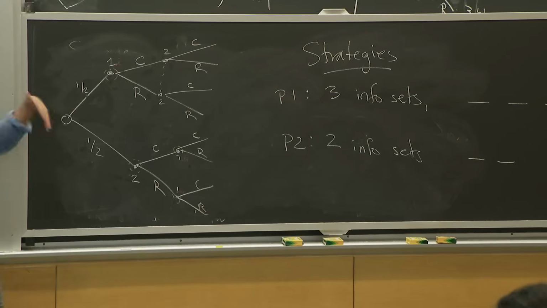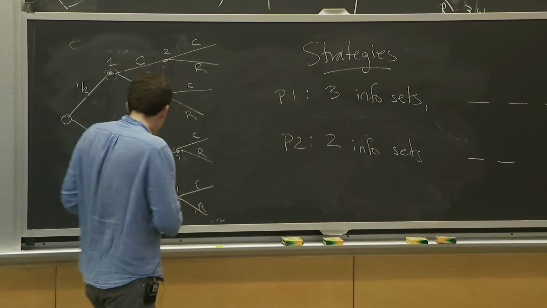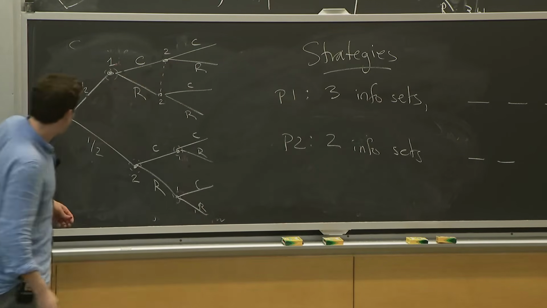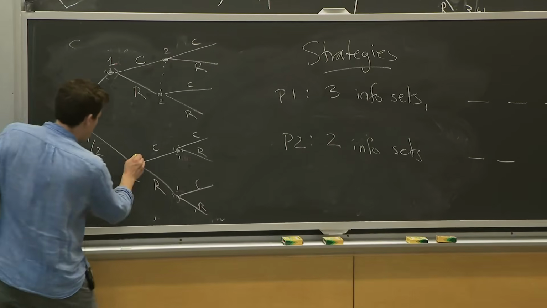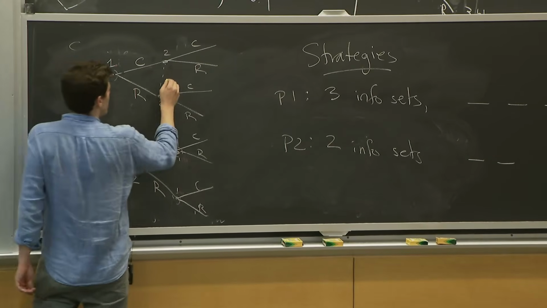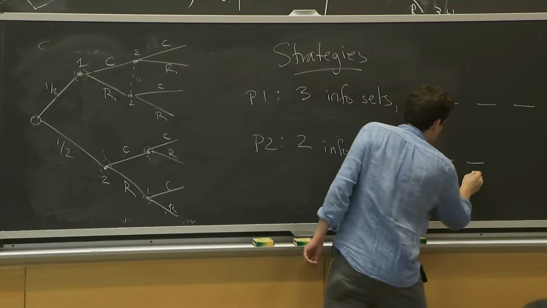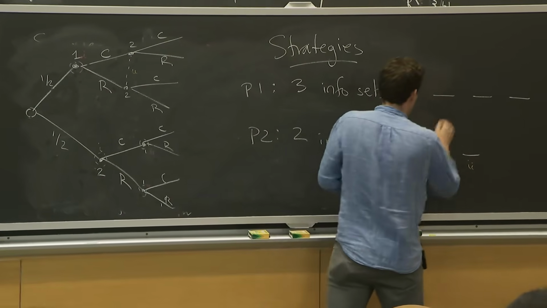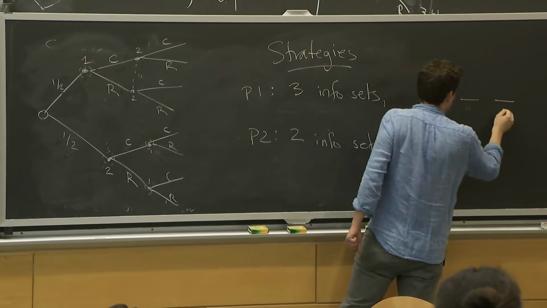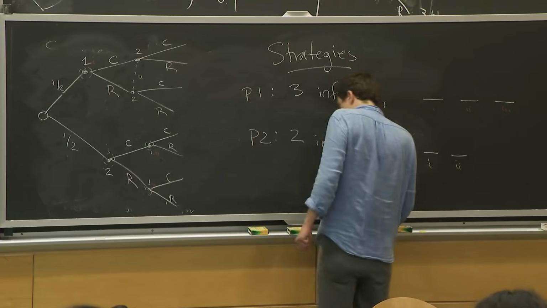I didn't want to use 1, 2, and 3 because that is confusing with players. And then for player 2, I guess I'll do 1I and 2I.